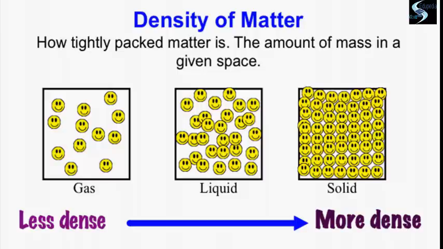By this picture you can conclude that solids will have a higher density than liquids, and the lesser density substances will be the gaseous state substances. So the amount of mass in a given space depends upon the density of the matter.